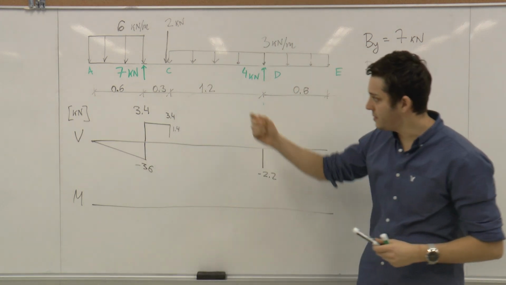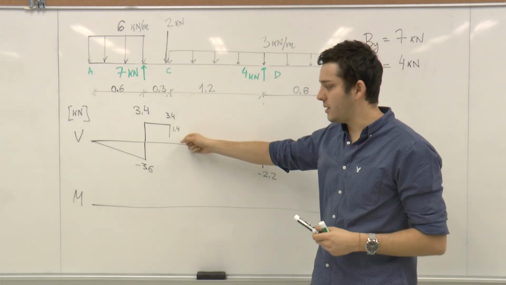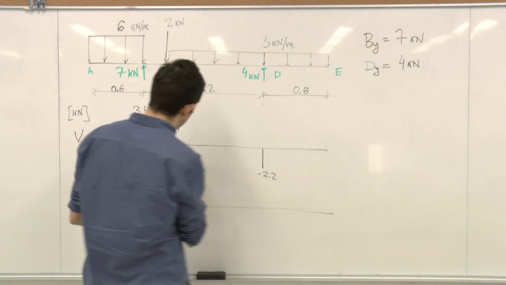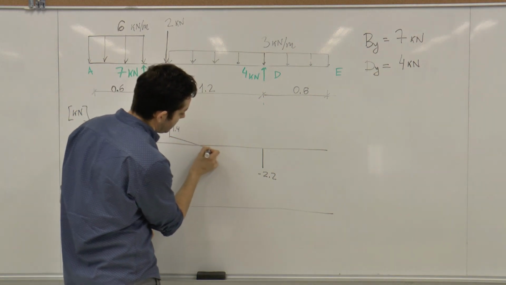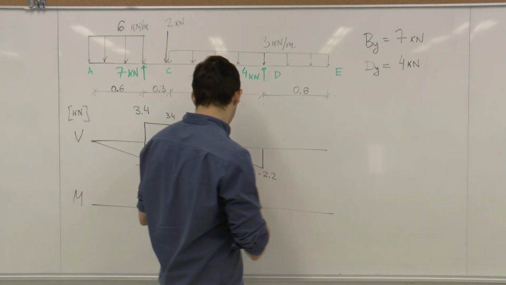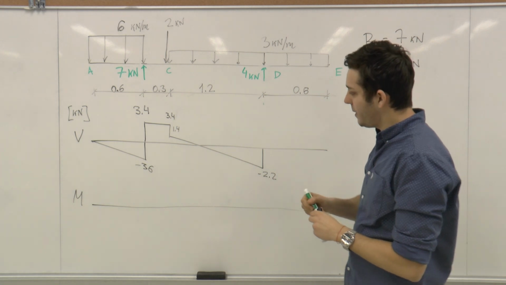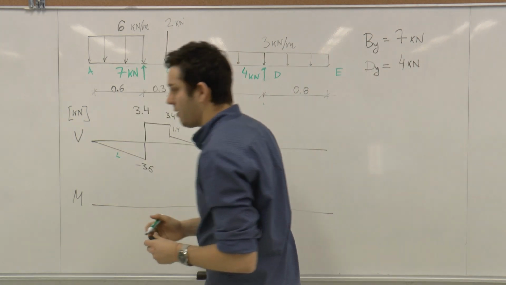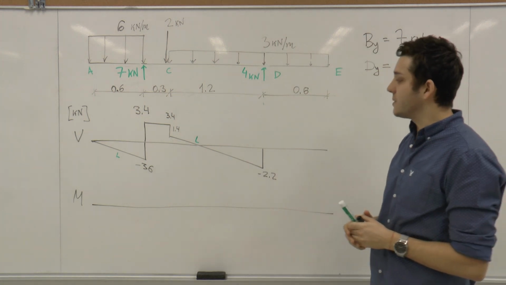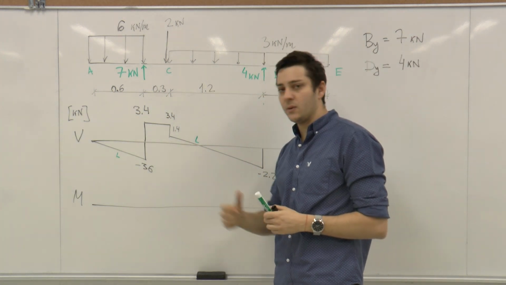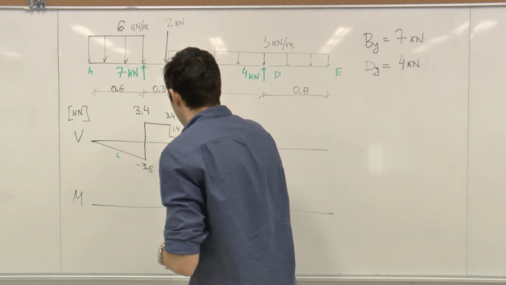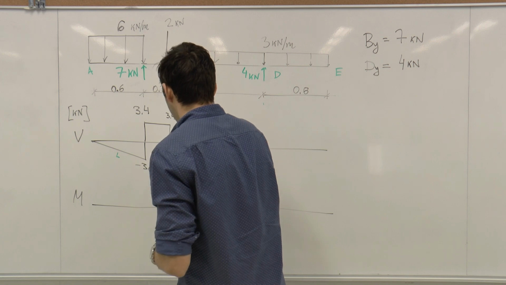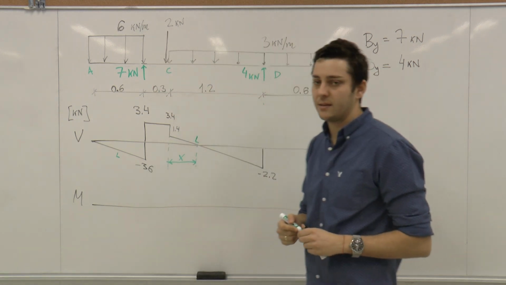And with a uniform distributed load, one more time, the shear function will be linear. If it's not clear, I always will write here L, if it's linear. Next. So somewhere here we have a shear force which is equal to 0. Let's call this distance x, which we will find next.